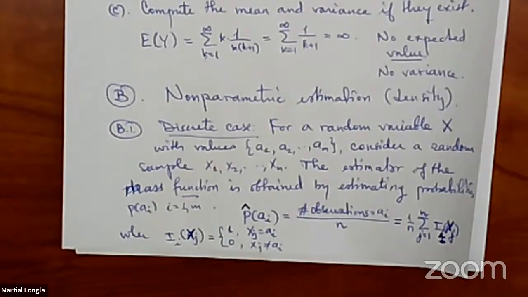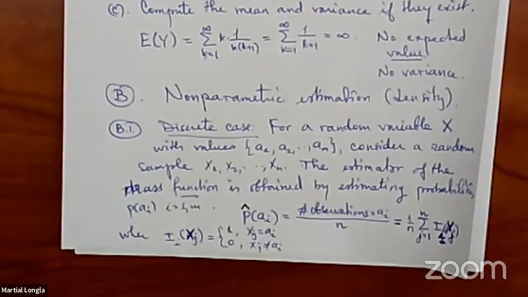So each of them you estimate. That's the way of not wanting to write i equal 1, 2, 3, and so on up to m. We good? All right.